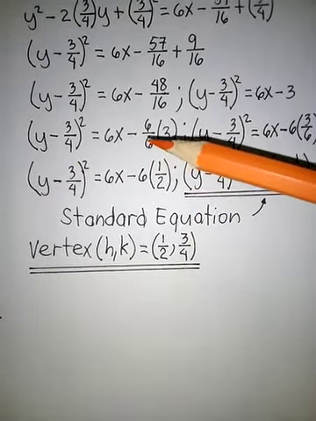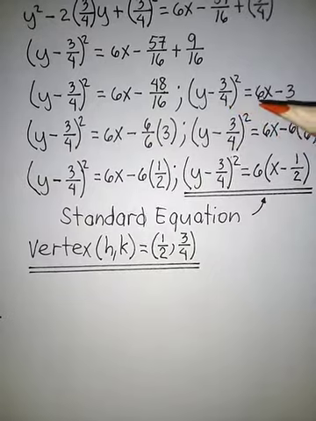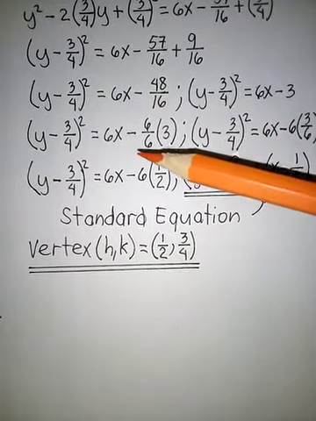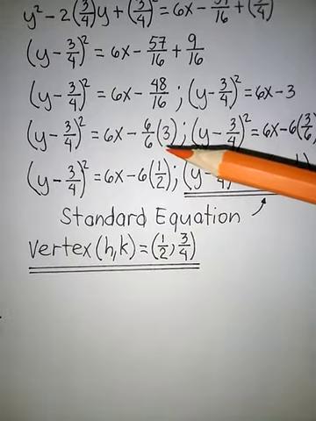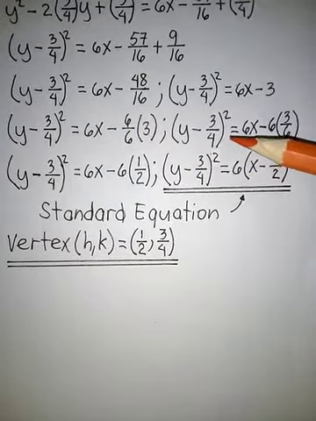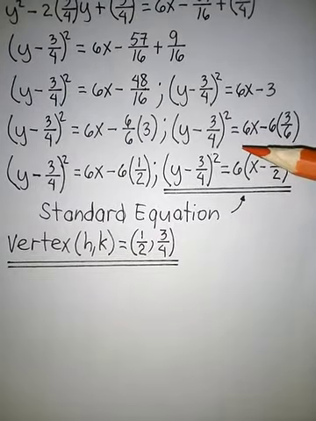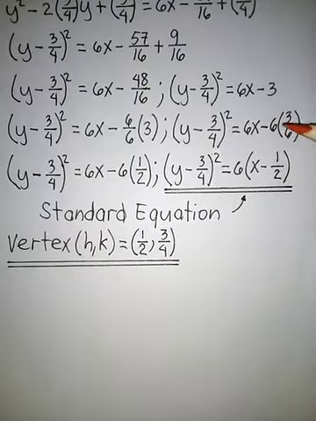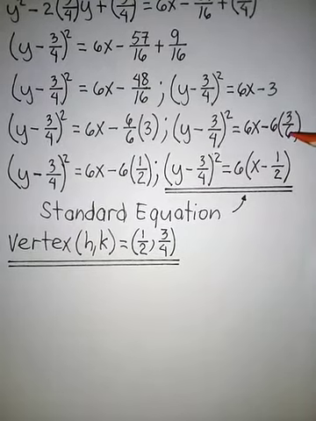Since we have to factor out 6 here, we have to multiply 3 by 6 over 6. So, we have 6x minus 6 over 6 multiplied by 3. And then factor out 6, we will have negative 6 multiplied by 3 over 6.